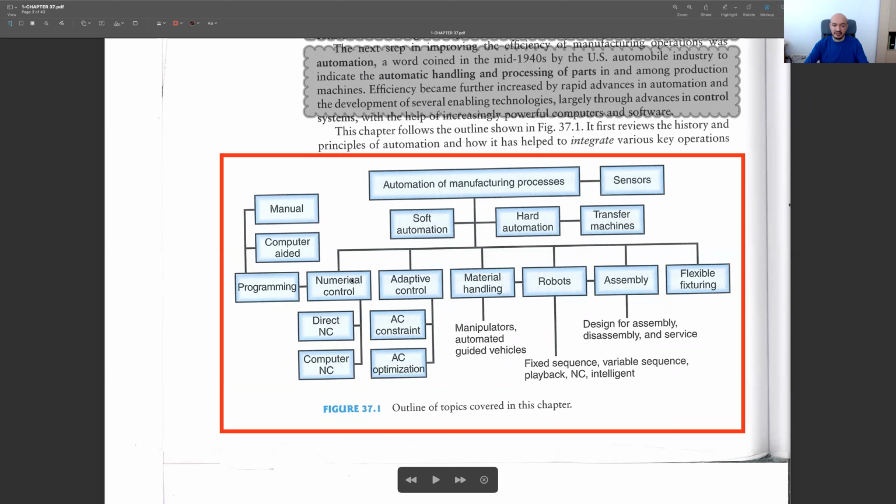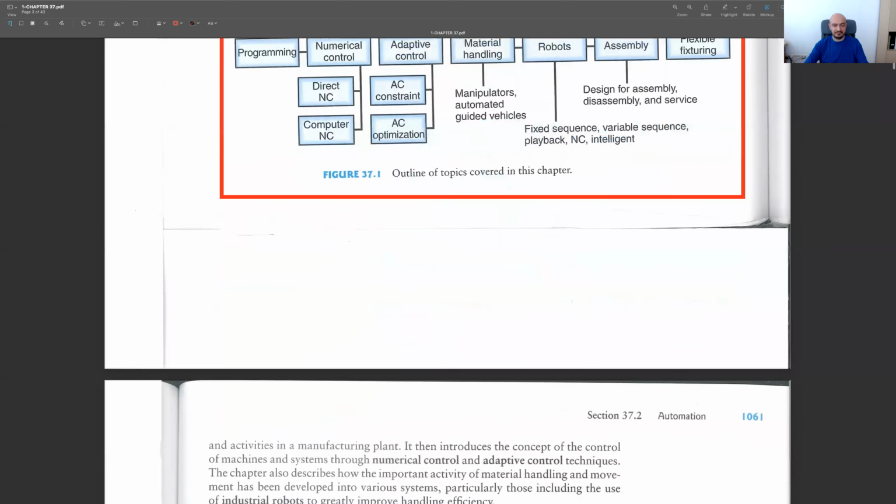We make use of computers to control our axes, our motions in the machines. And adaptive control is a bit more advanced version of conventional numerical control. It tries to add some intelligence into our control system so that with less intervention, the whole process can be automated.